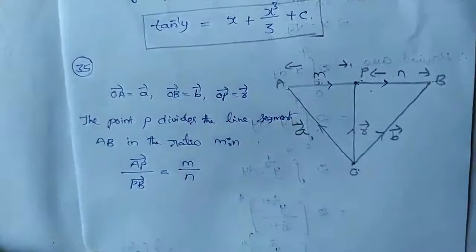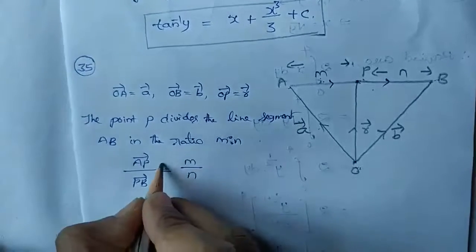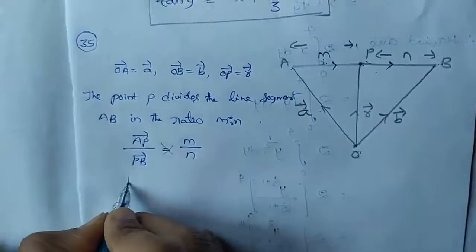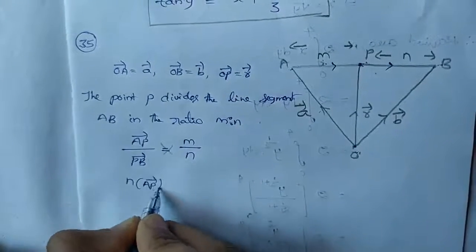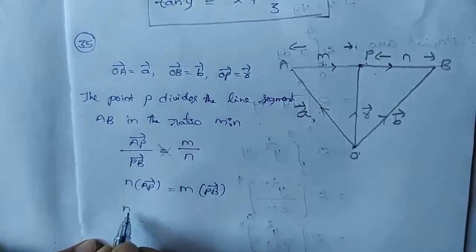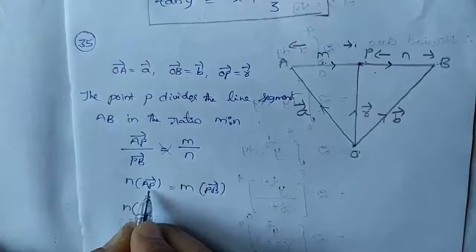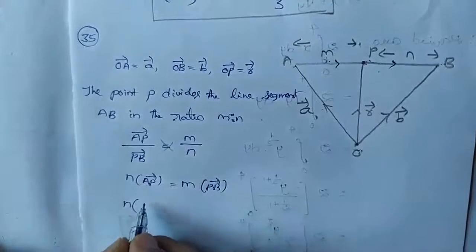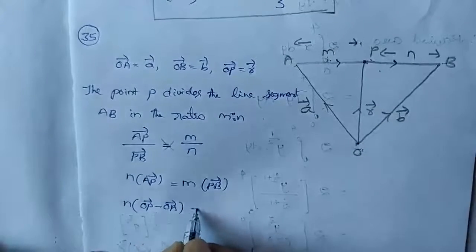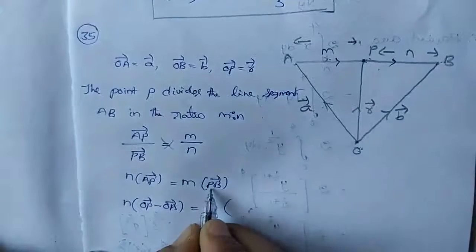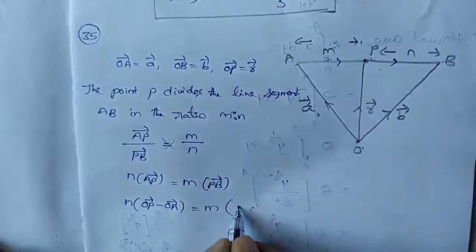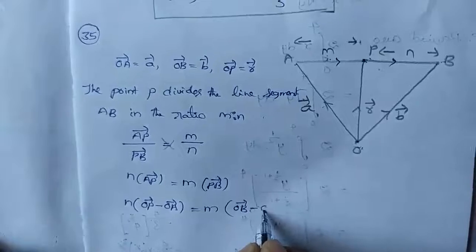Now take the cross multiplication. Then what will we get? n into AP vector equals m into PB vector. Write AP vector in the form of position vectors: OP vector minus OA vector, equals m into, writing PB vector in the same way, OB vector minus OP vector.